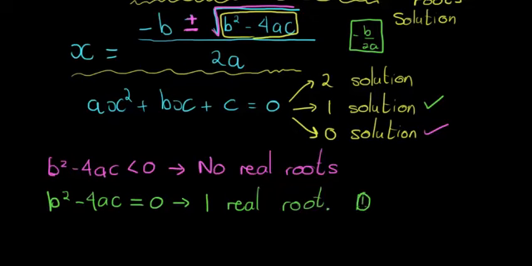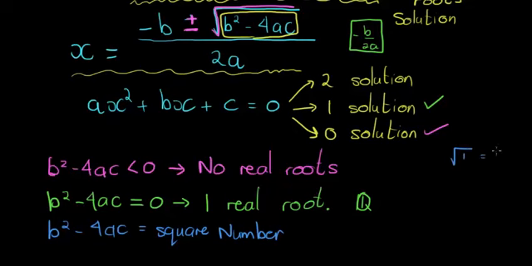Remember rational numbers? The next thing is if that value that's inside the square root is actually a square number. You remember what square numbers are? So if b² - 4ac is a square number, a number like 1, 4, 9, any number that I can find the square root of easily.